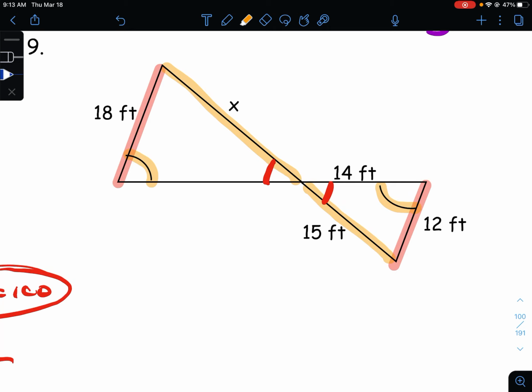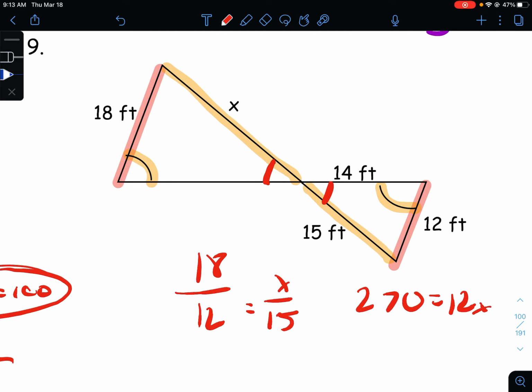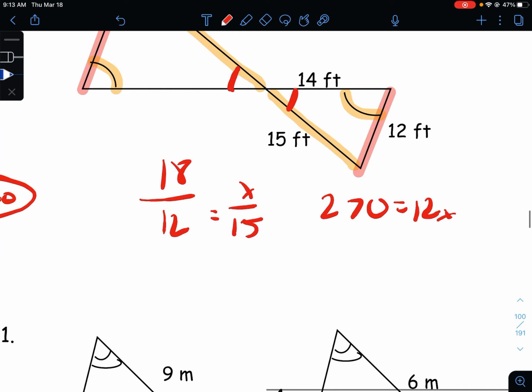This is tricky. If you've got two congruent angles, the sides opposite them are going to be the proportional ones. So we can set up a proportion here. We'll do 18 over 12 equals X over 15. Which is going to give us 270 equals 12X, which gives us 45 over 2, or 22.5.